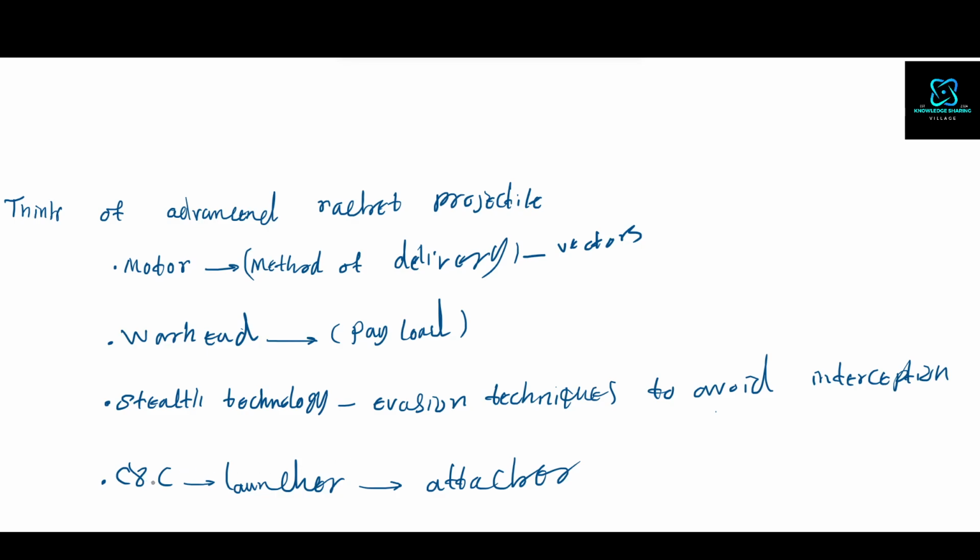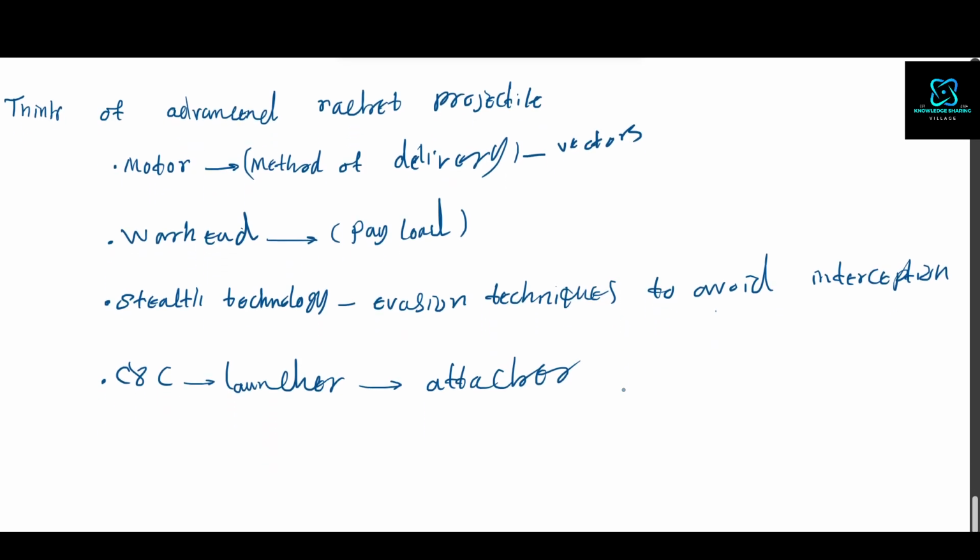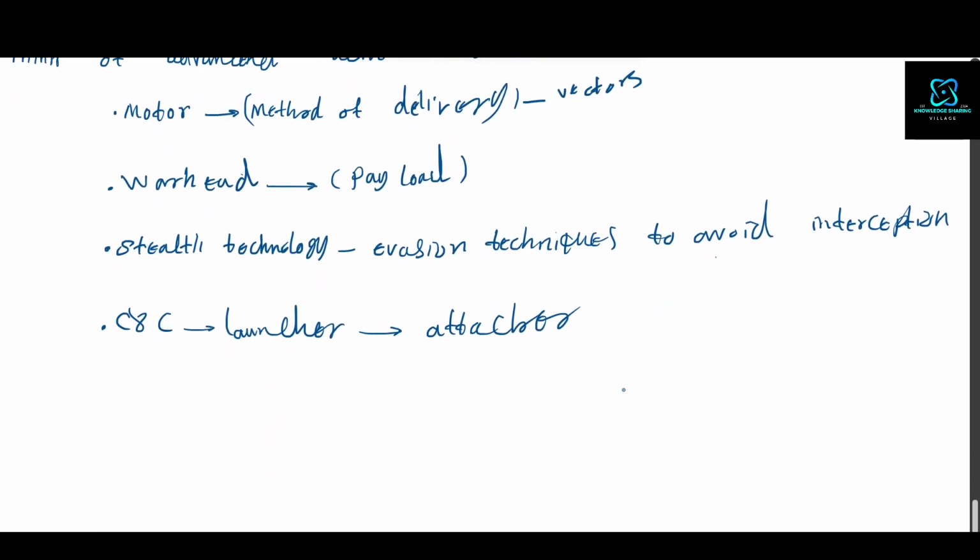Then it has command and control, those who are launching it. In our case, it is the attacker who is the launcher who initiates the attack. Finally, if we sum it up, regardless of the type of malware, they all have these key components: payload, vector, obfuscation technique, and command and control.